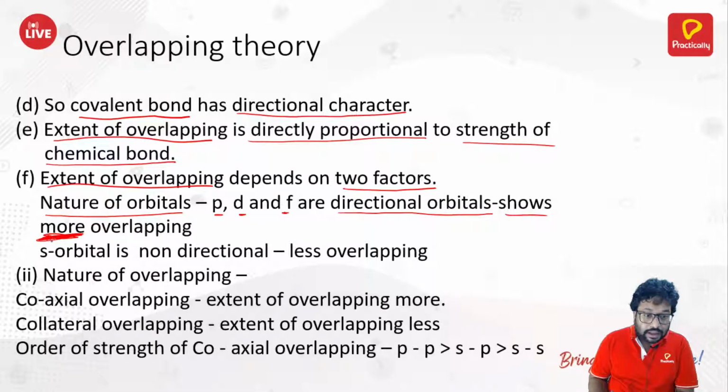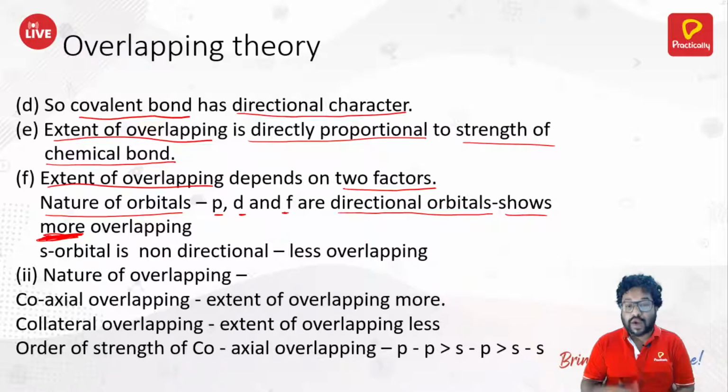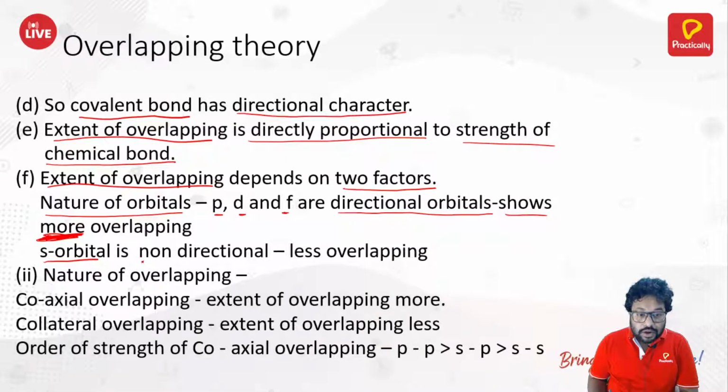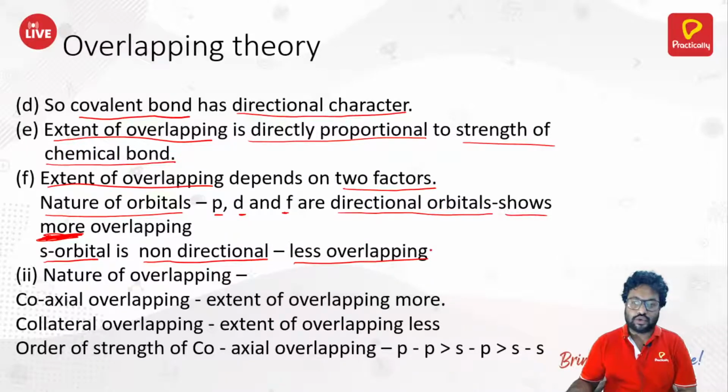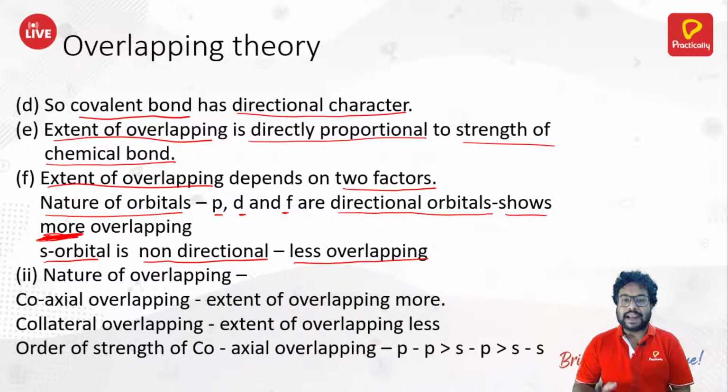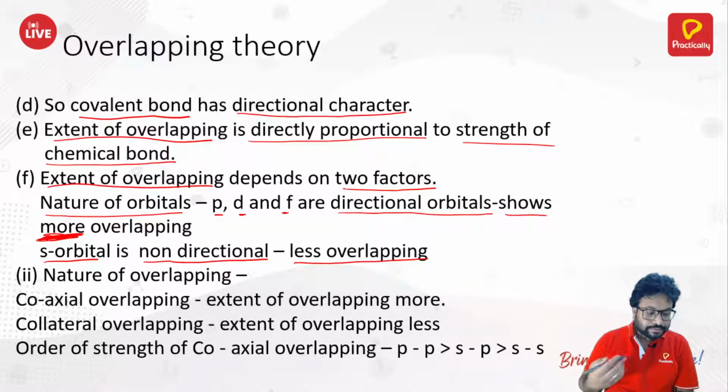Mind this, it will come handy when you are solving objective questions from this chapter. The s orbital is non-directional, and since it is non-directional, it shows less overlapping. So the bottom line is that the directional orbitals, p, d, f, show more overlapping, and the s orbital, which is non-directional, shows less overlapping.